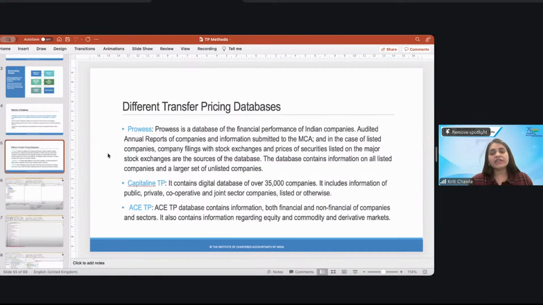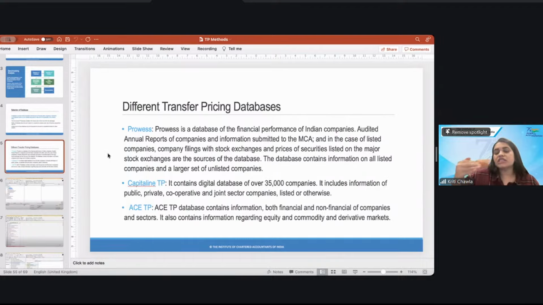And accordingly, they file something called Form 3CEB, which is very, very casually called the transfer pricing return. They file that particular return where they will actually put in the information that this is the transaction that has been undertaken. This is the amount that the transaction has been undertaken at, with which related party.